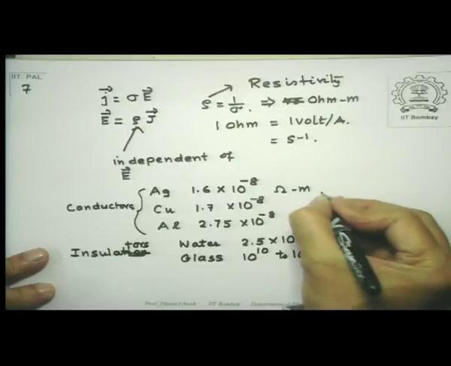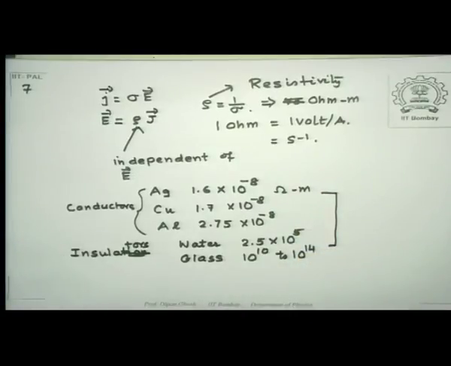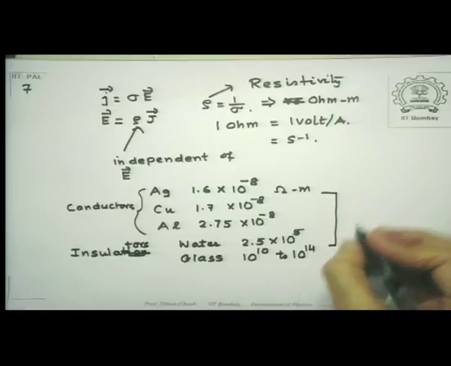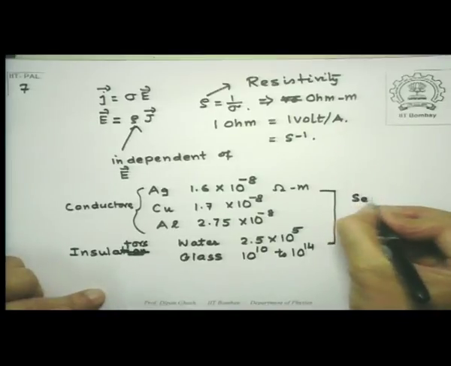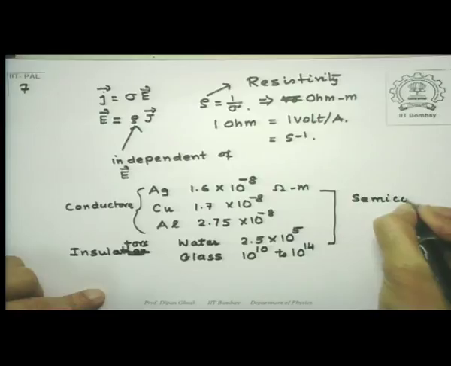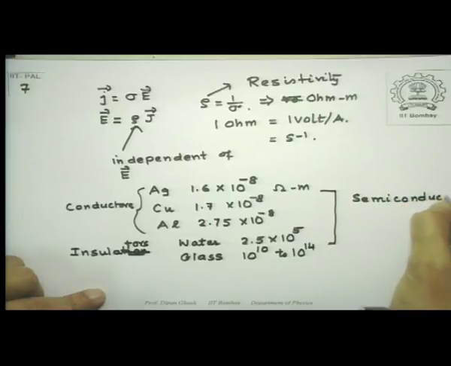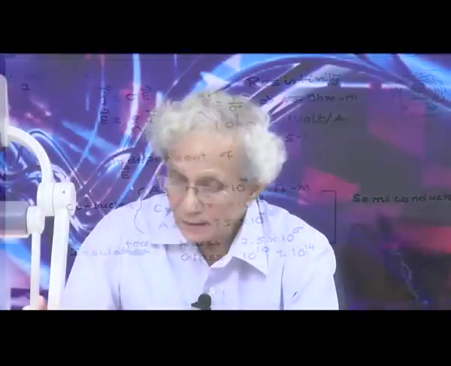Between these two classes, there is a class of materials known as semiconductors, about which you will be learning in detail in a few of the later lectures. Semiconductors are generally insulators at low temperatures, and as the temperature rises, their conductivity increases.